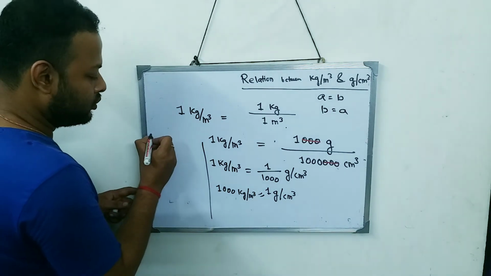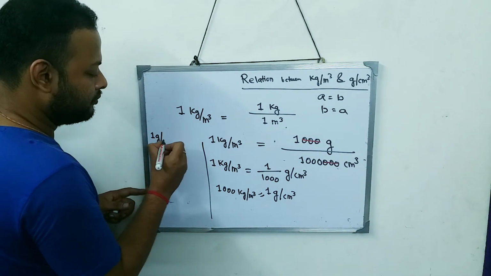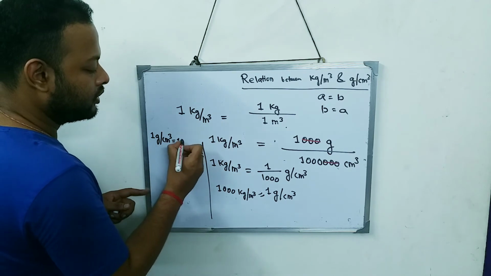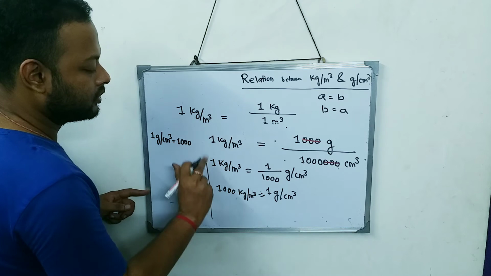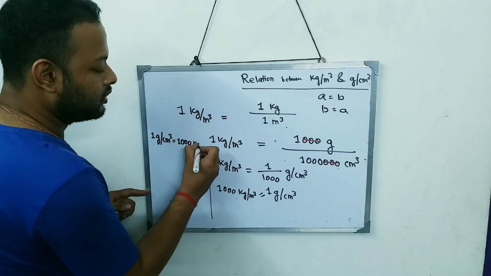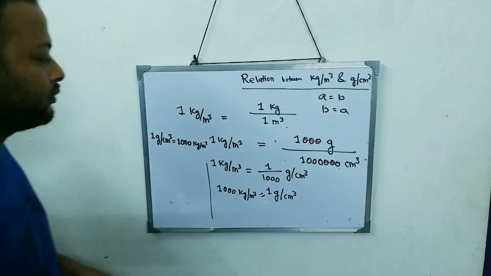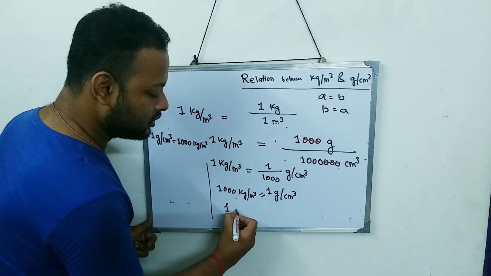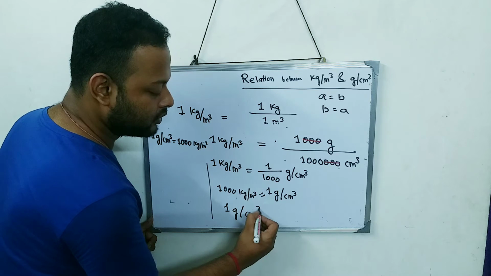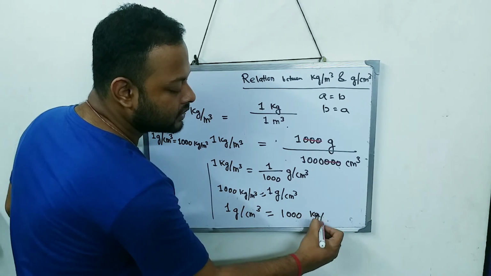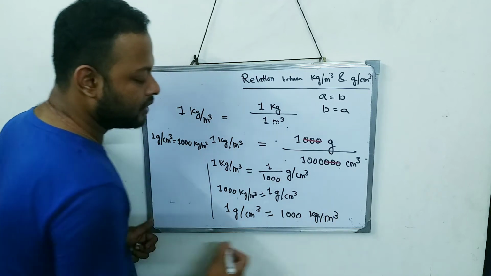So ultimately I will do, right, 1 gram per centimeter cube is 1000 kg per meter cube. So ultimately what I get is that 1 gram per centimeter cube is equal to 1000 kg per meter cube.